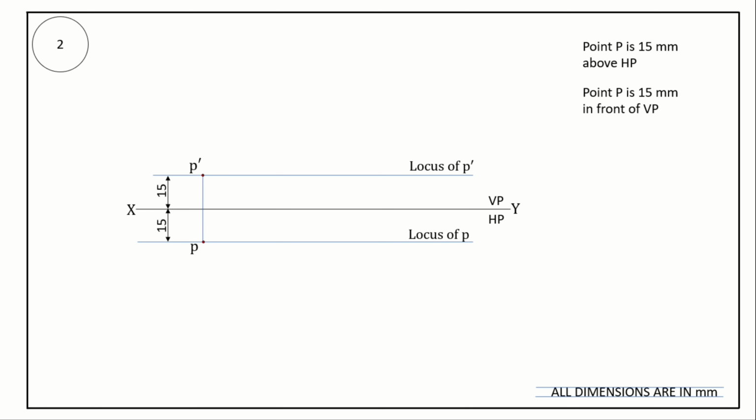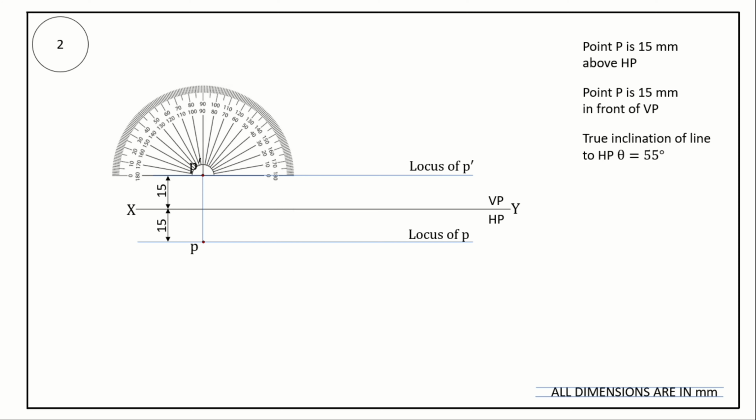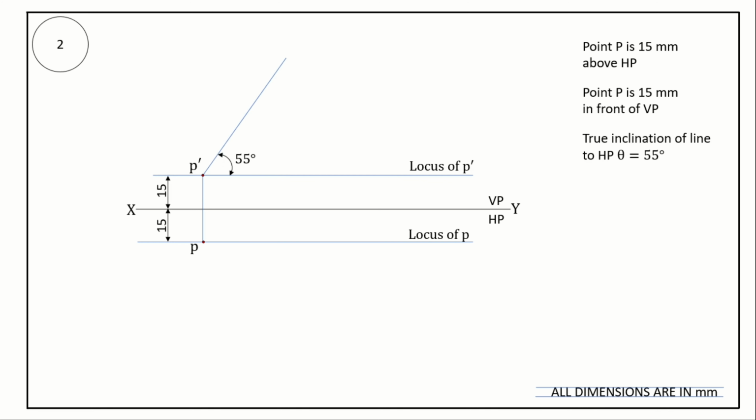This line is the locus of P. It is given the true inclination of the line to HP, theta, is equal to 55 degrees. Take a protractor, keep it on the locus of P dash with reference point P dash, measure an angle of 55 degrees in the anti-clockwise direction, and draw an inclined line.